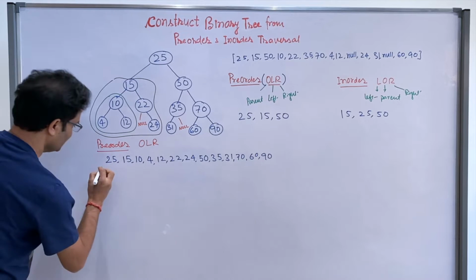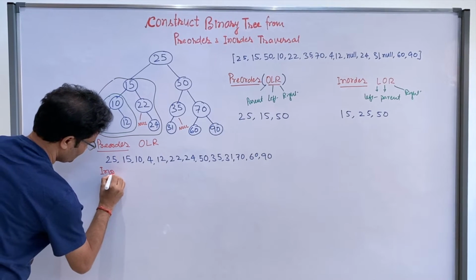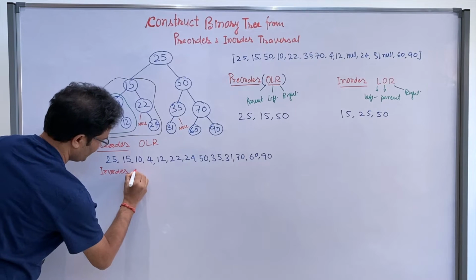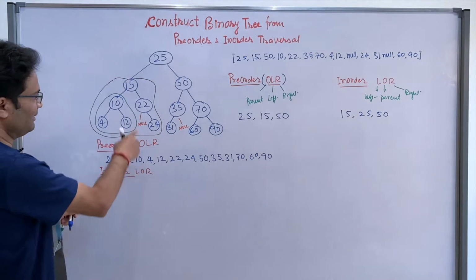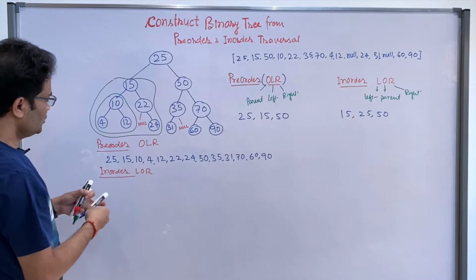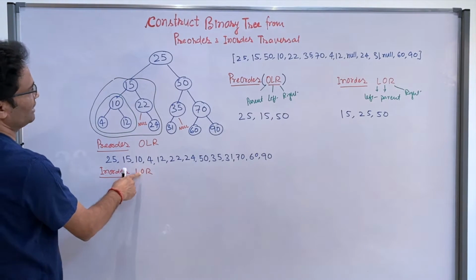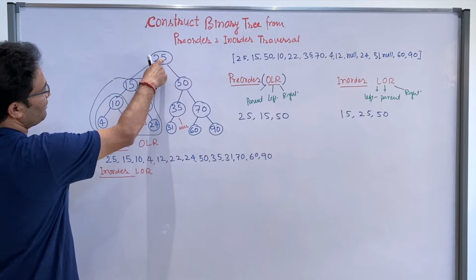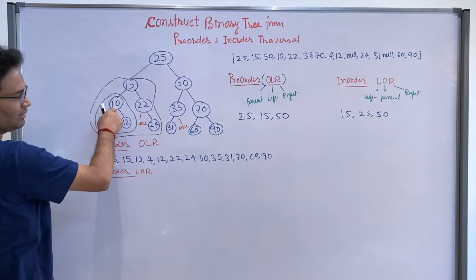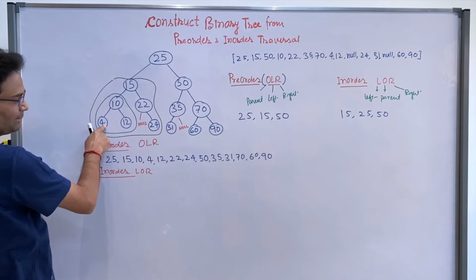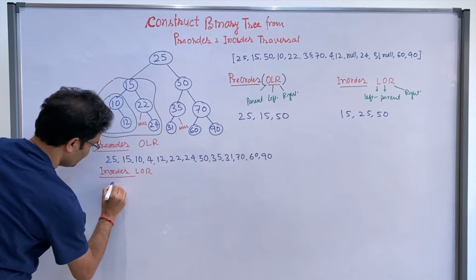Now try to write the inorder. Inorder means the parent of this binary tree would be in the middle. So in this case, start from the left. If this is the parent, what is the left here? And again this is the subtree, what is the left here? Again this is a subtree, what is the left here? 4. So you have to start from 4.